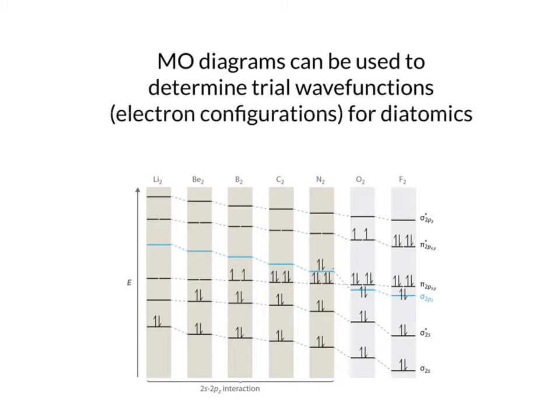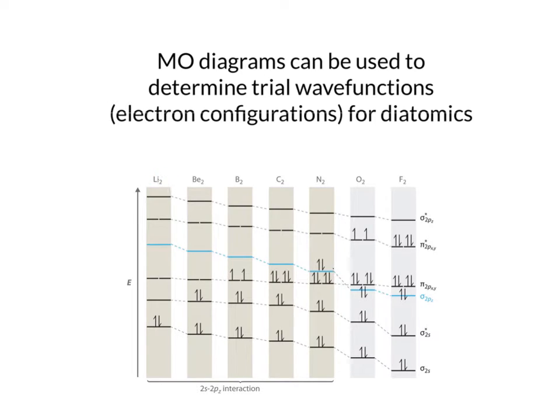In this case, we're only looking at the valence electrons. These are row 2 atoms, so their valence electrons are in n equals 2, and we're ignoring the electrons in n equals 1. That means each lithium brings 1 valence electron to this molecular orbital diagram, so I have 2 electrons total.